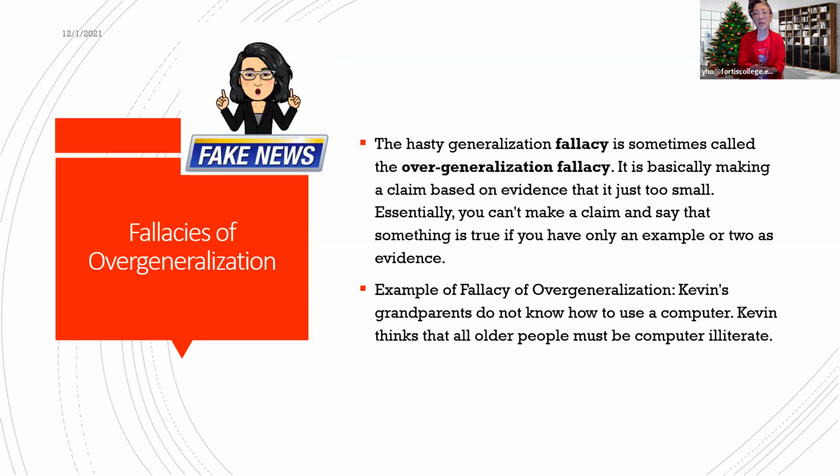All mean the same things when you base your claim on false evidence. Okay, that is a fallacy that you want to avoid in your paper. That's why it's so important that you use credible evidence that is accurate.